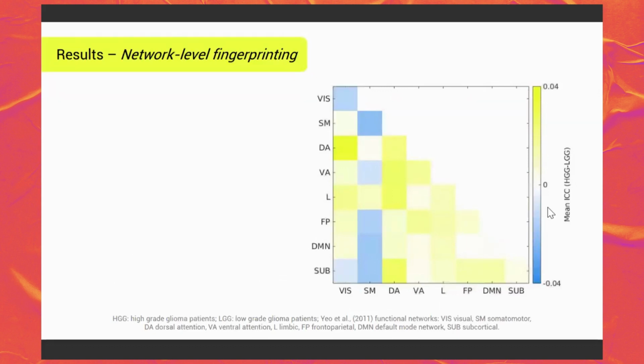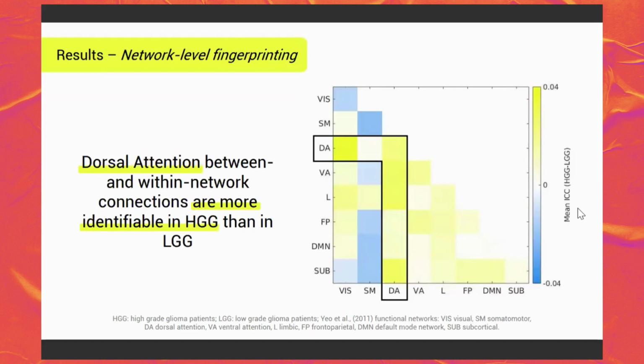Finally, mean edges were ordered according to Yeo functional networks, and we computed mean ICC for high-grade and low-grade glioma patients, and we found that dorsal attention between and within network connections had a higher role in identifying high-grade glioma patients with respect to low-grade, meaning that somehow these connections are more heterogeneously reorganized among patients belonging to the high-grade population, and so they somehow help better in identifying each patient.